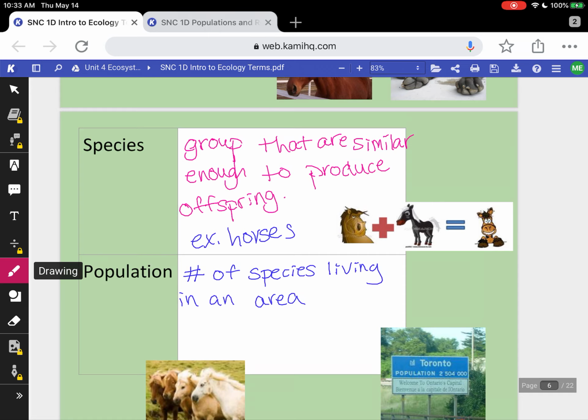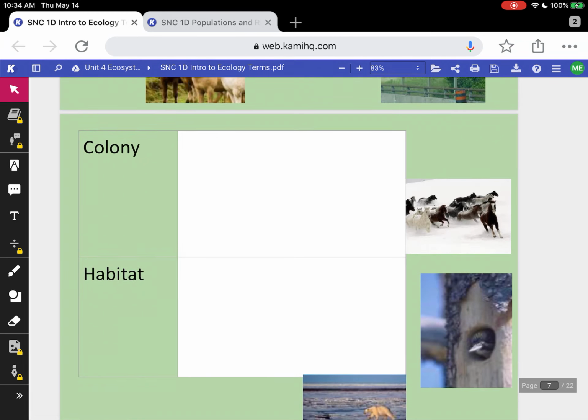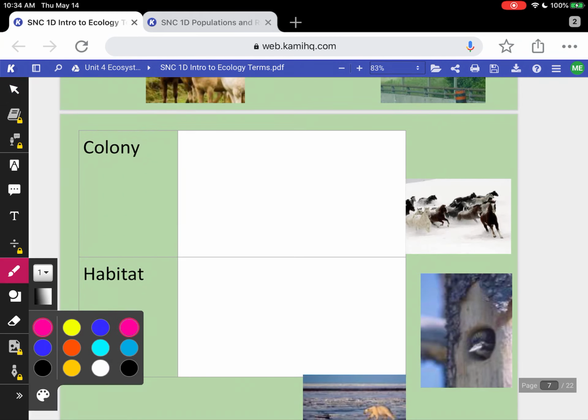Okay, so for example, if we're using our example of horses, a population could be 4 horses. Okay, or we could be talking about the population of Toronto or the population of Woodstock. Okay, and so population is just the number of species that are living in an area, and it is always a number. Okay, so that for population.